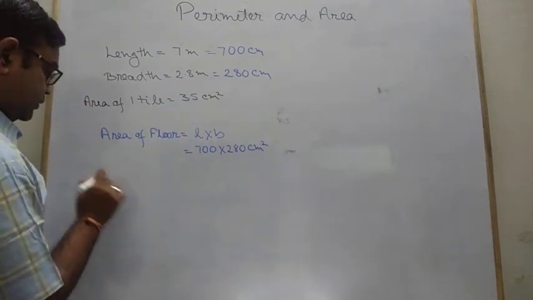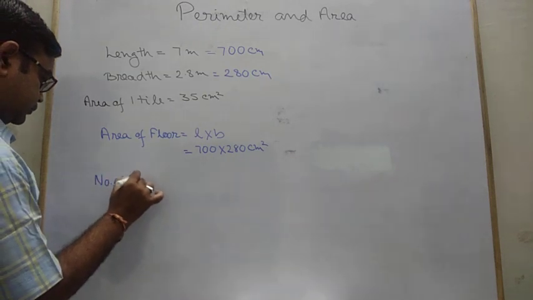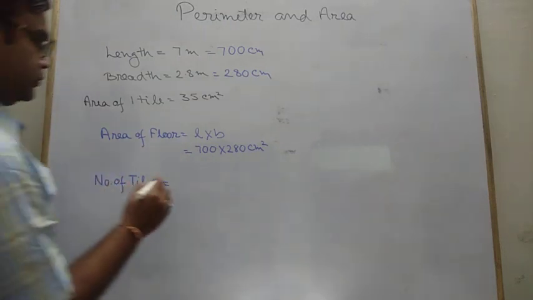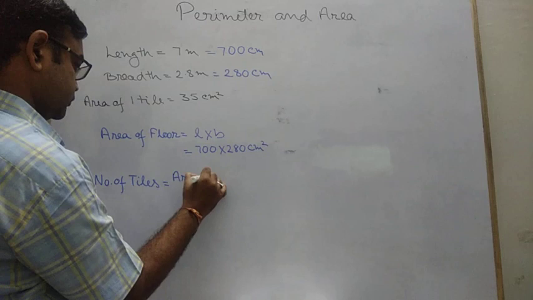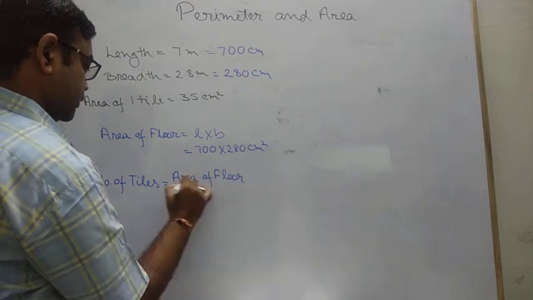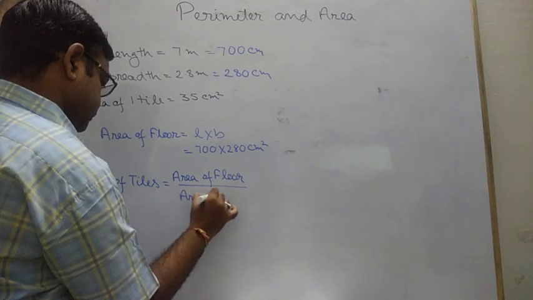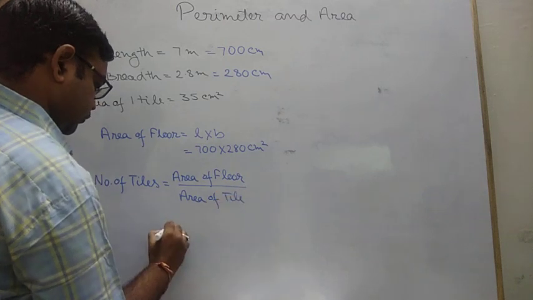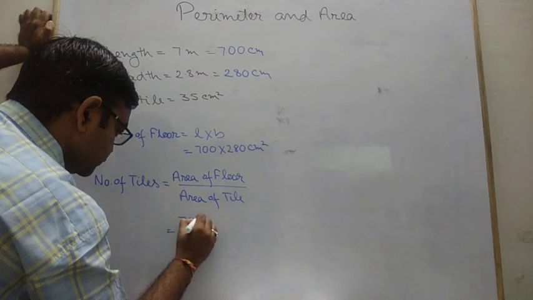So the number of tiles required equals the area of the floor by the area of the tile. When we place it, we have the answer. We try to solve.